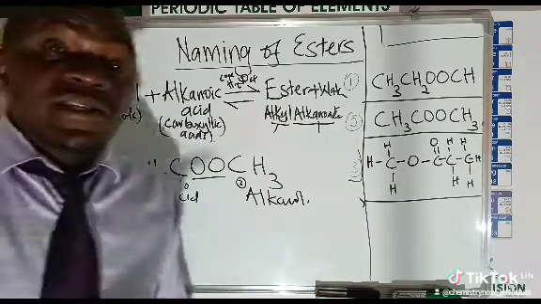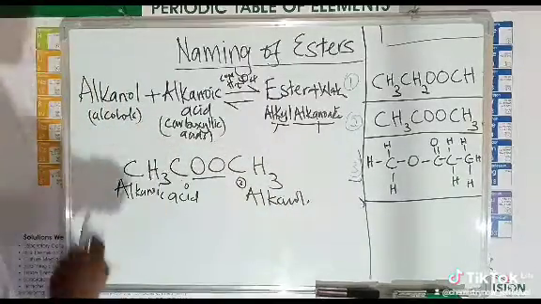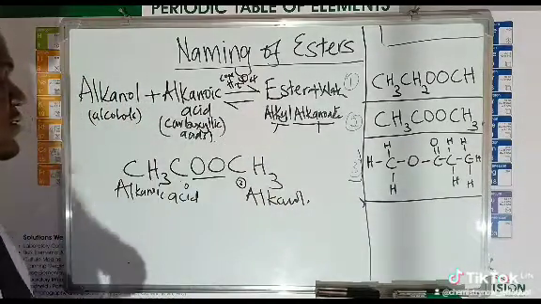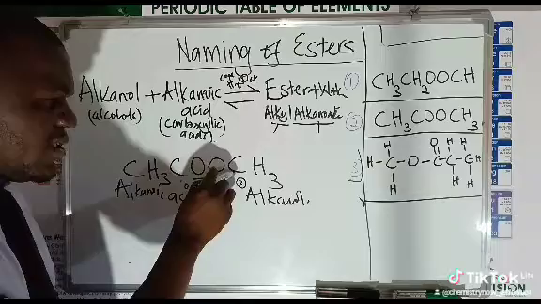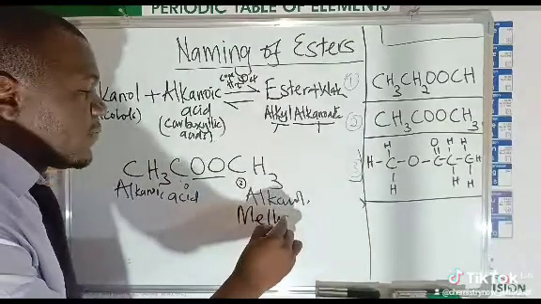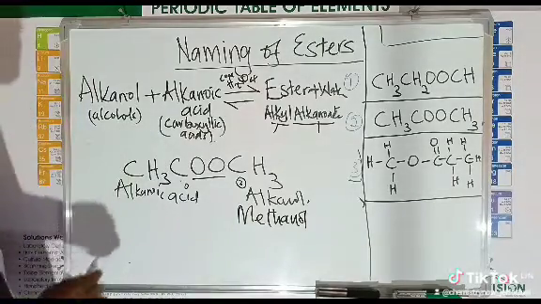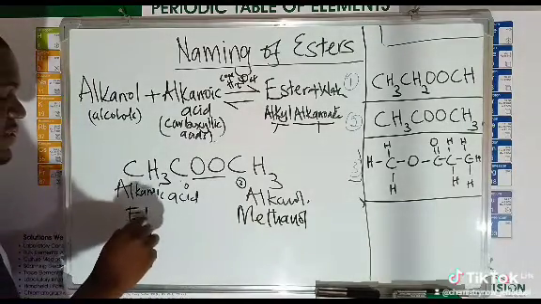So our job is easy. The first bit of the name comes from the alcohol, the second bit comes from the acid. But which alcohol is this? This alcohol has only 1 carbon atom, so it is methanol. This acid has 2 carbon atoms, so it is ethanoic acid.